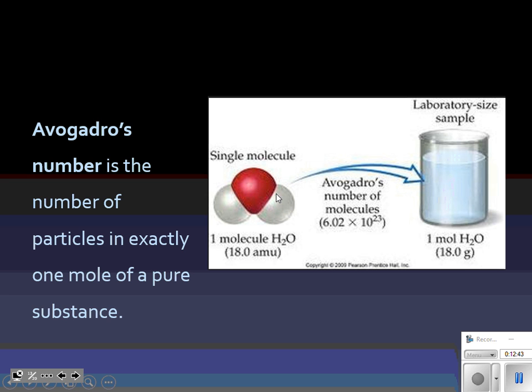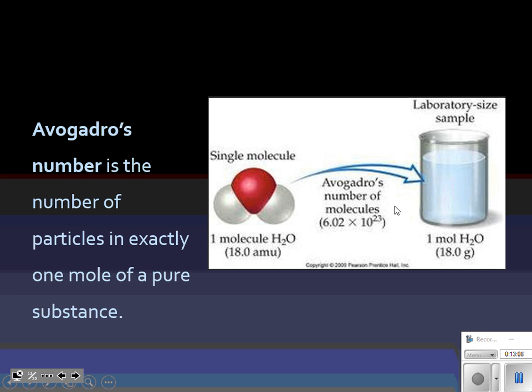Well, ladies and gentlemen, we said that if we have 1 mole of a substance, it's Avogadro's number of particles. In this case, we have a molecularly bonded compound. This is covalently bonded. So we call those molecules. So Avogadro's number of particles, in this case, can be referred to as molecules.